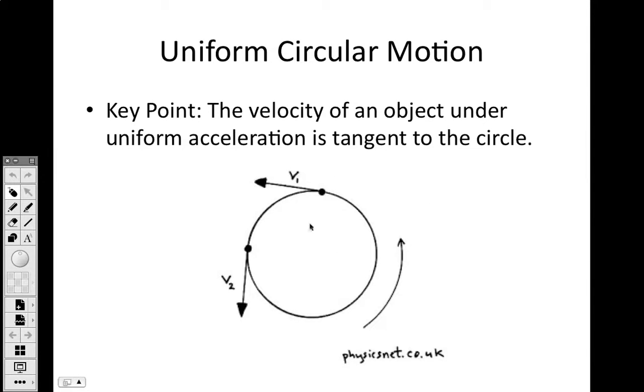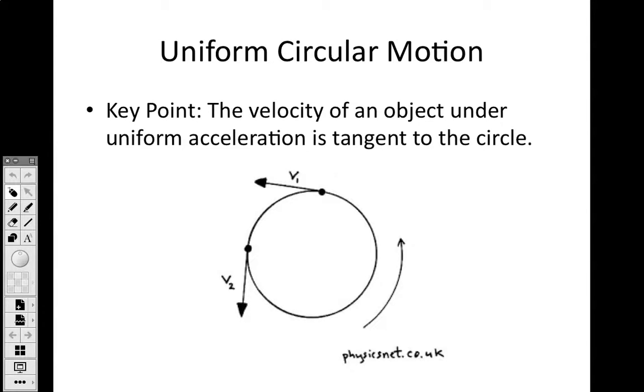So in our circular objects, this visual is showing that the object is going counterclockwise, or in this direction. That velocity at this point in its path is tangent to the circle. And when it gets to this point in its path, it is tangent at this point.